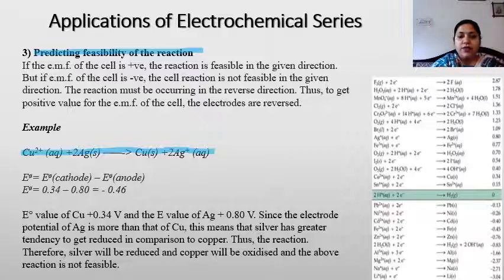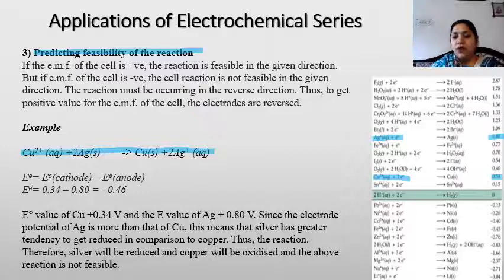So, is it possible or not? We can determine by calculating the EMF for the system. Here E naught equals E naught cathode minus E naught anode. The value for copper is given here, that is 0.34. Similarly, the value for silver is also given in the table, that is 0.80. Silver is above copper, meaning silver has a more positive value as compared to copper.